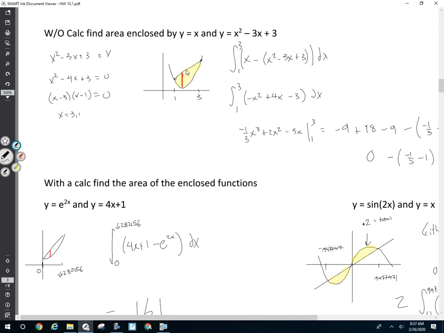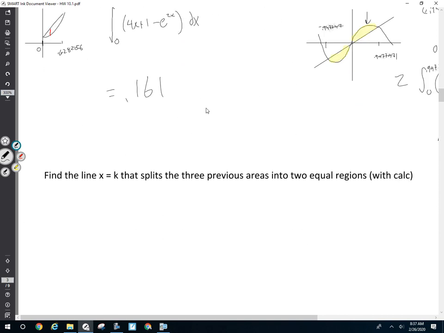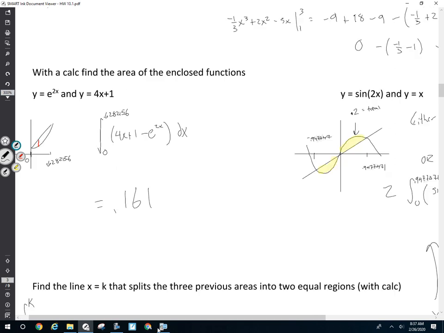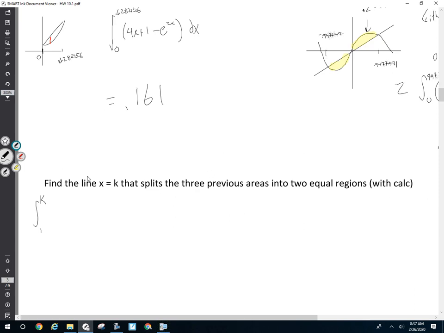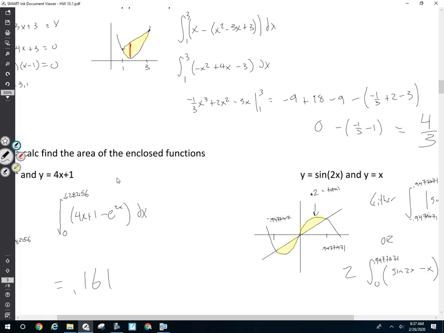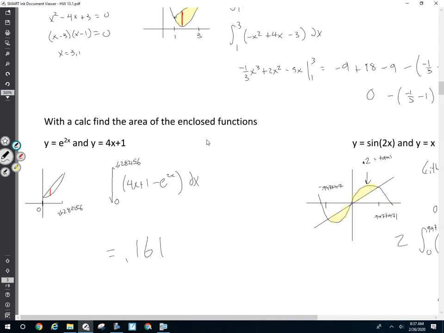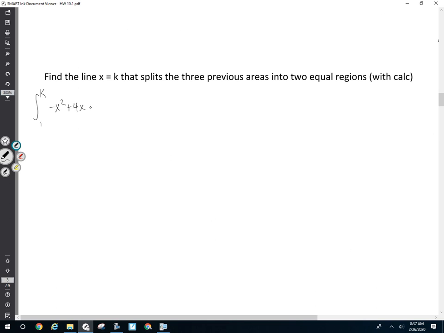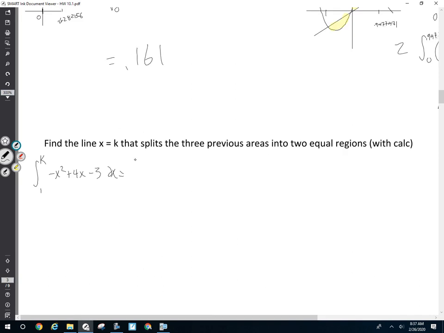Let's do this top left one. So in this situation, an area from 1 to k of the top minus the bottom, and I've already done the top minus bottom. It's negative x squared plus 4x minus 3. That'll equal 1/2 the total area, so that would be equal to 1/2 of 4/3.